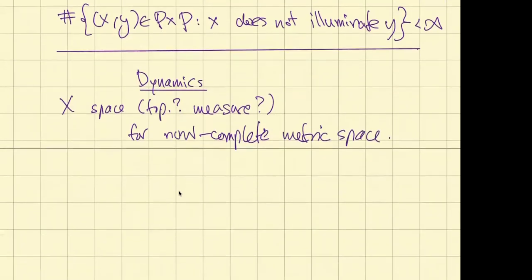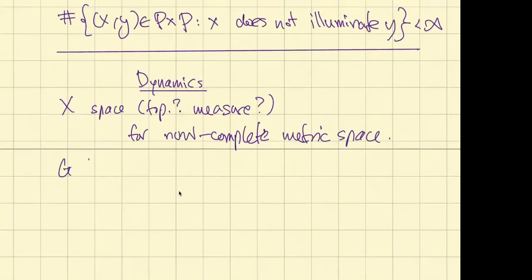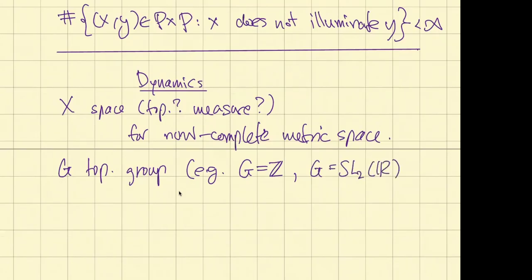G is a topological group. For example, we could take a discrete group like the integers, or we could take SL2R, the group of 2 by 2 real matrices of determinant 1, which is going to play a role in this lecture.